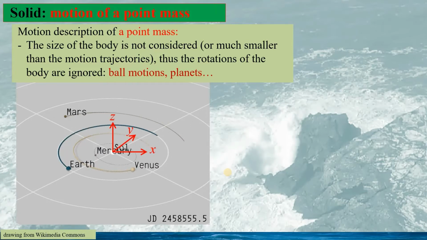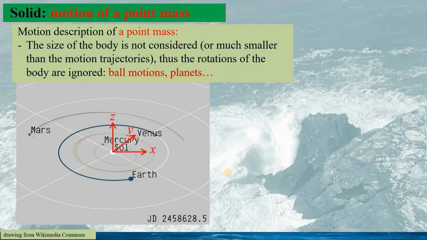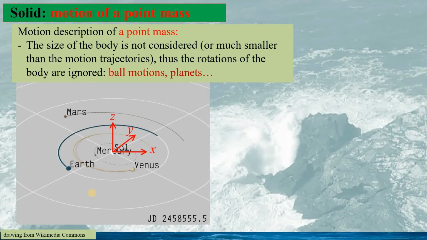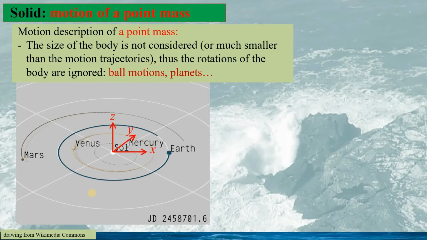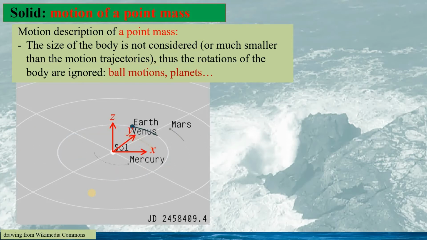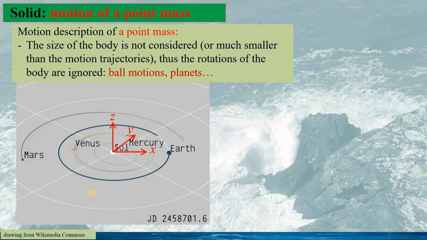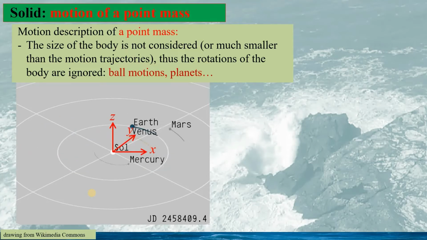The examples include the flying balls and the planets. Here, we see the planets in the solar system. Although the planets can be huge, like the Earth we live on, in the solar system, the planet size can be ignored, thus can be taken as a point mass.